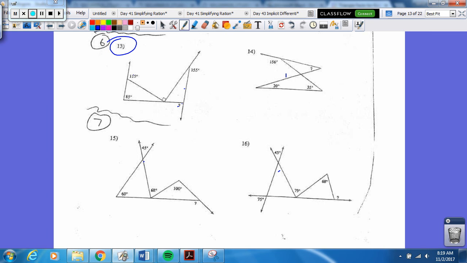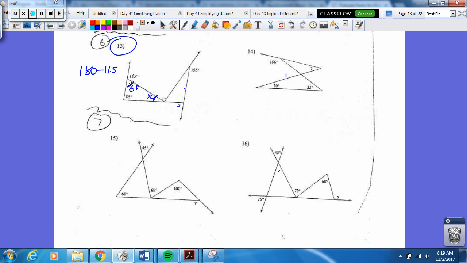So we got 115, and let's just start getting angles first. Let's start just adding to our picture. So I'm going to subtract 180 minus 115. I'm not going to do the equation, I'm just going to be smart about it. I know these two are supplementary, so 180 minus 115 is going to get me 65 right there. Now I'm thinking about this angle here.